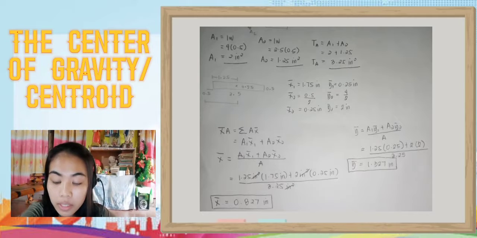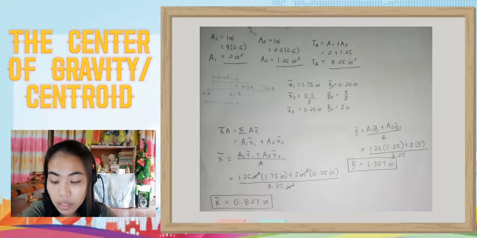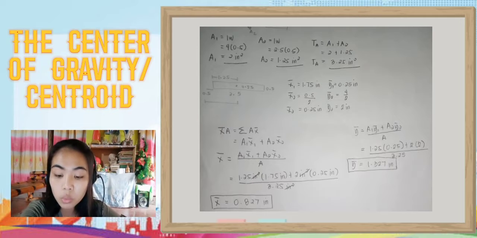Then ang y bar 1 naman is equal to 0.25 inches. Then ang x bar sub 2 naman natin is 0.25 over 2. So, ang x bar sub 2 natin is 0.125 inches din.